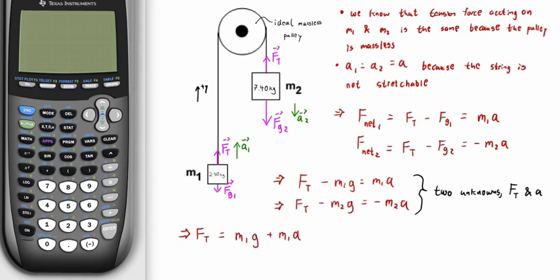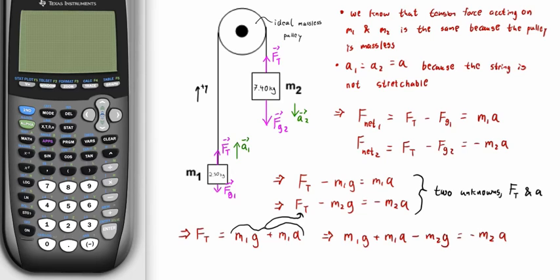Now I'm going to substitute that in for my expression for tension. We're getting rid of tension, having an equation that just has known quantities and our unknown acceleration. So M1g plus M1a minus M2g equals negative M2a.